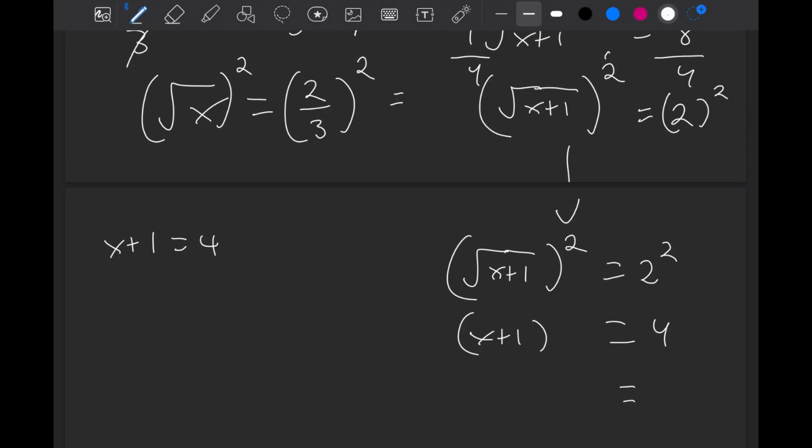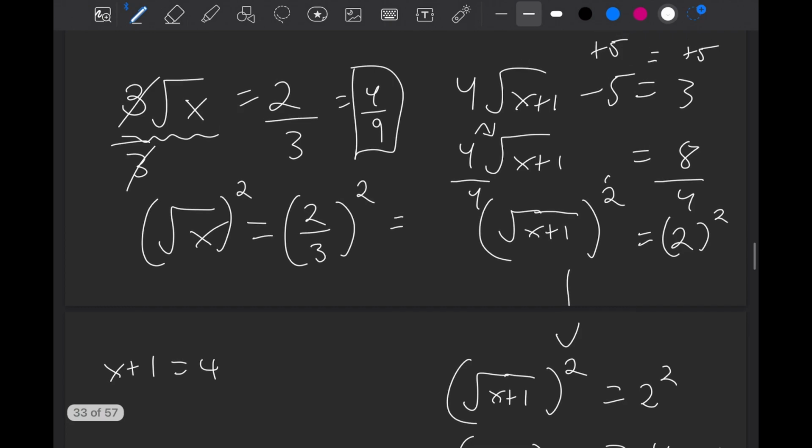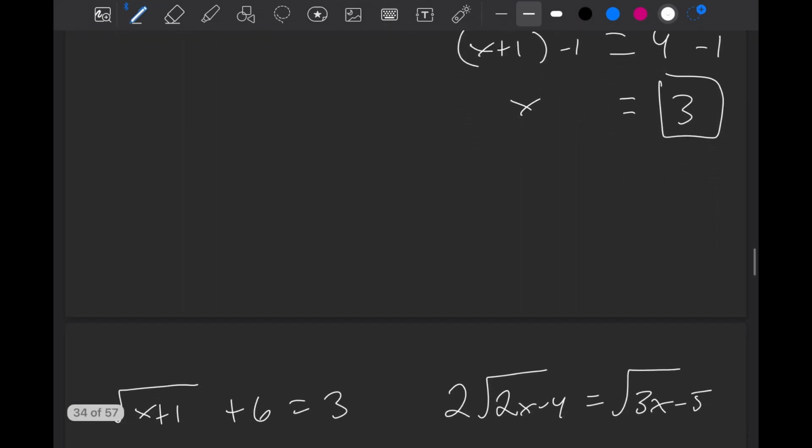And then lastly, we can subtract 1 on both sides to get rid of that, and we would get x is equal to 3. And then to check our answers, we can always put 3 back into the original equation, or 4 over 9, and we'll get the right answer.